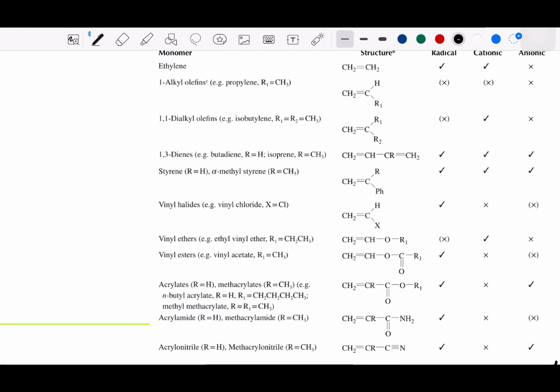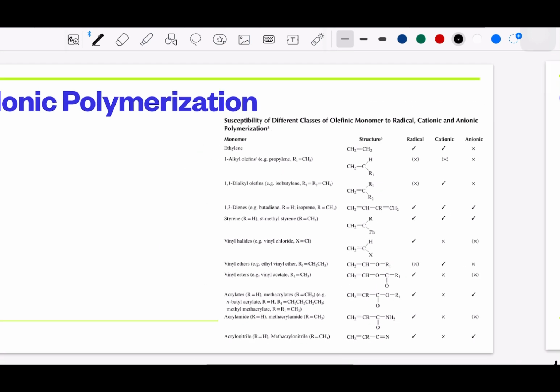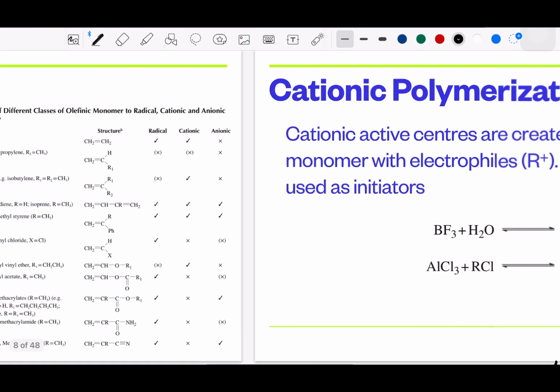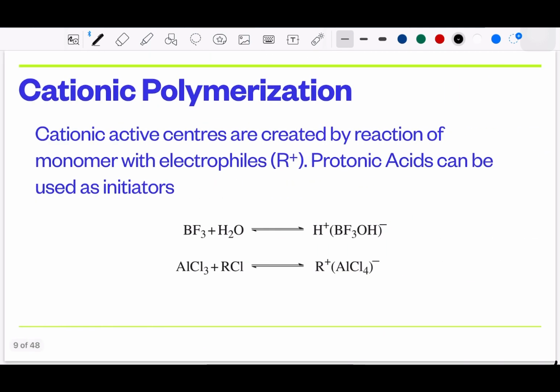Now, before we go through the process, let's look at how we prepare. First is the active centers. They need to be prepared by some reactions. Usually we take boron fluoride, and we need to make sure that it has the protonic acid, as this H plus.